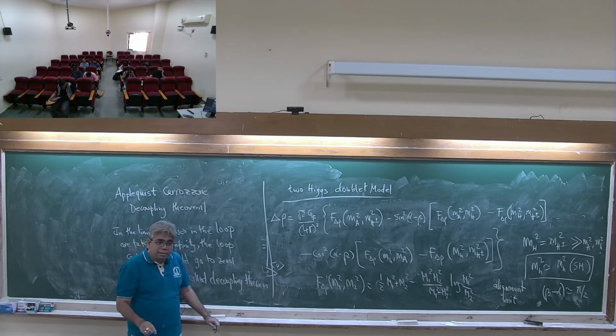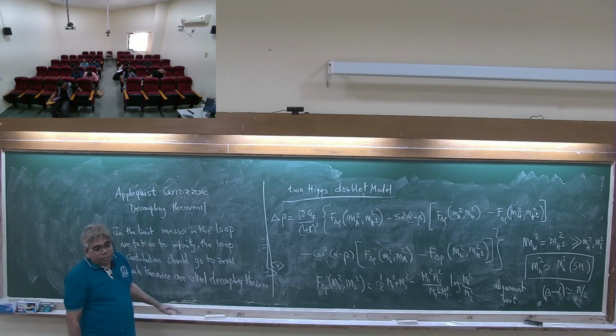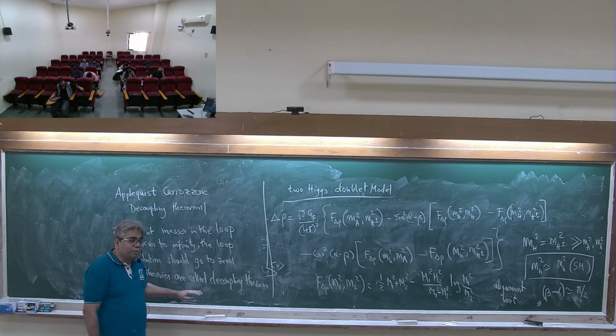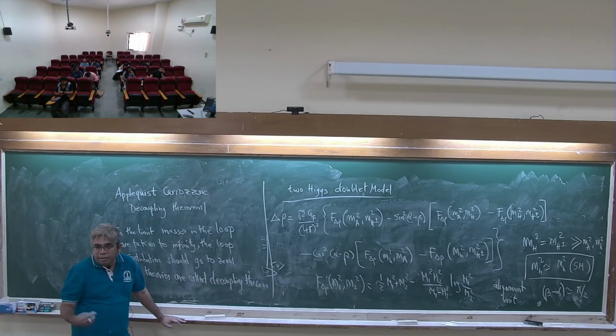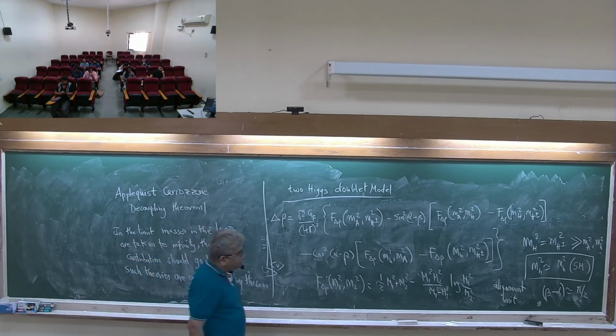Some theories are non-decoupling and some theories are decoupling. The non-decoupling theories will still be sensitive in the loop corrections even if you send the masses to infinity, like Technicolor. It's a non-decoupling theory. We'll come to Technicolor second.